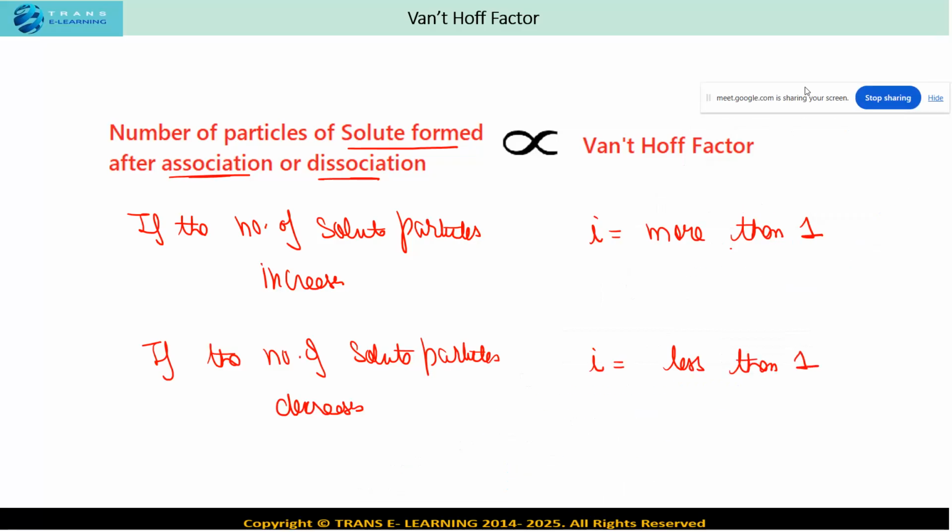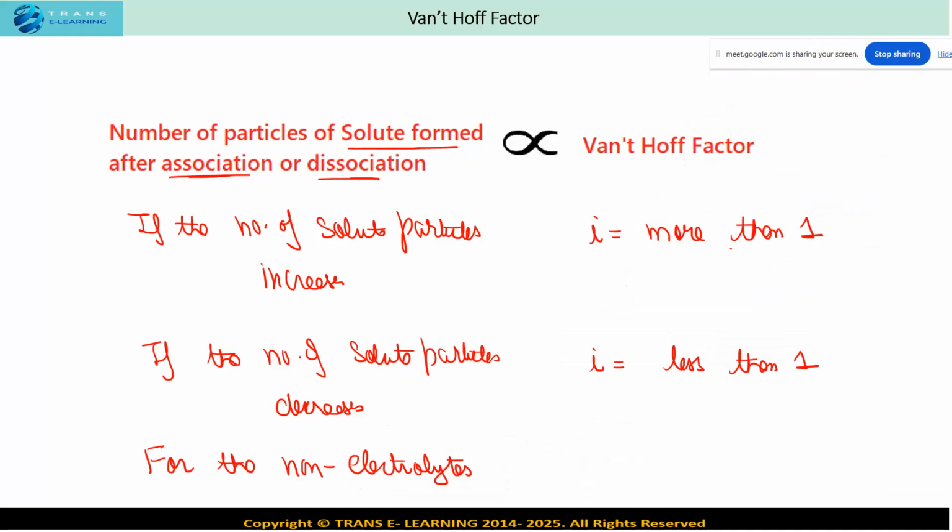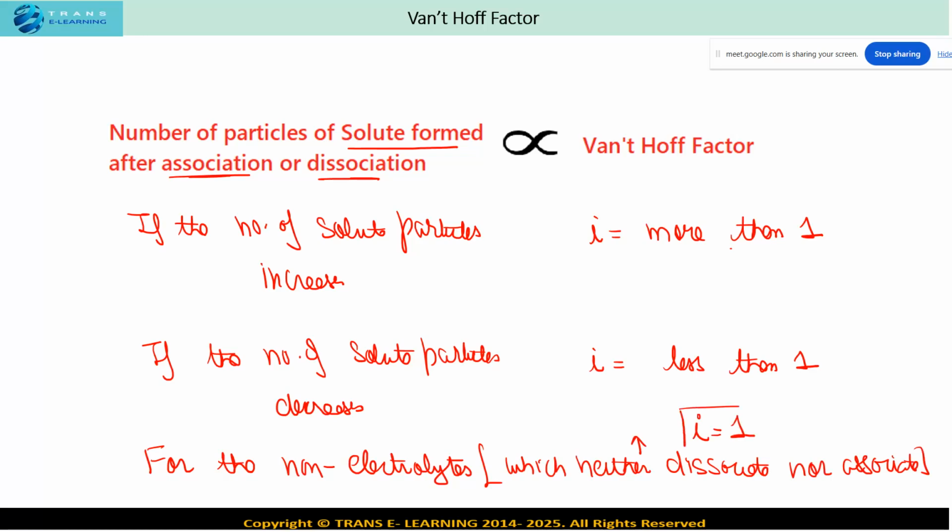Now why are we comparing it with 1? For non-electrolytes, which neither dissociate nor associate, we take the Van't Hoff factor as 1. So we are going to compare it with 1. That means when the number of moles before and after association or dissociation remains the same.